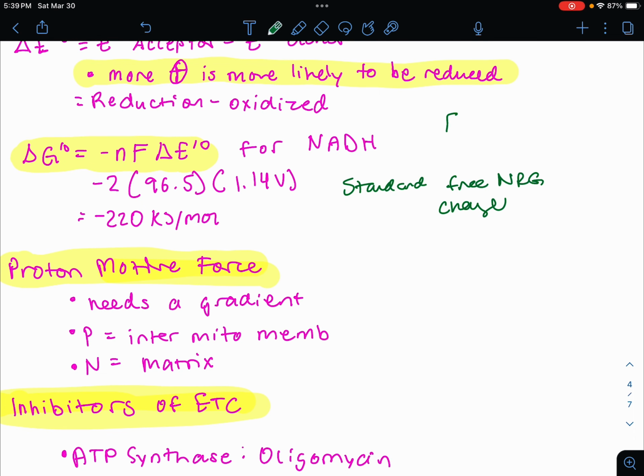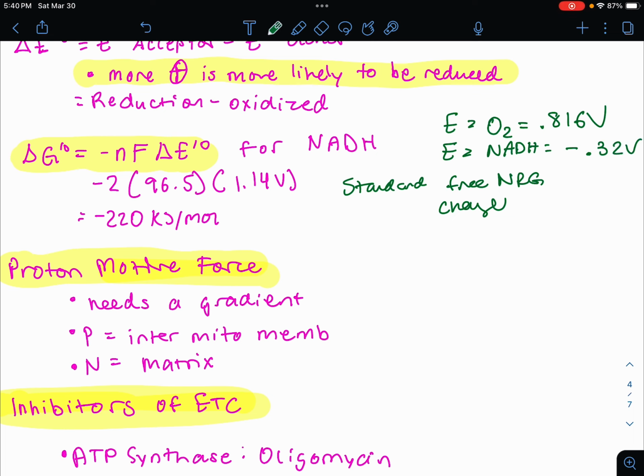The E for oxygen, O2, is equal to 0.816 V. And then the E for NADH is negative 0.32 volts.